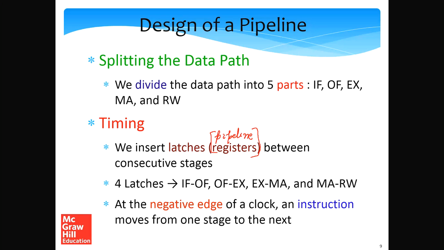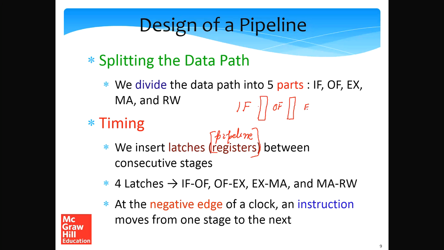So these pipeline registers or pipeline latches, let us add them between consecutive stages. So we will add 4 latches. What we'll do is the IF stage will write its result to a set of flip-flops that are controlled by a clock, a set of pipeline registers. Then we'll have the OF stage, again a set of pipeline registers or pipeline latches.